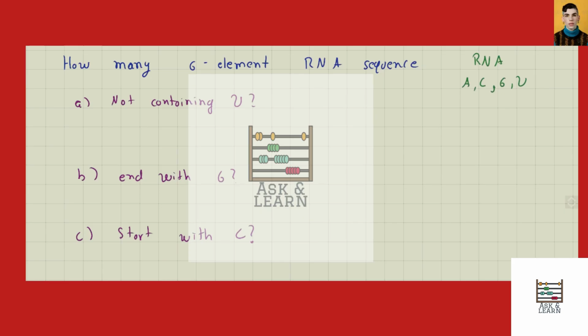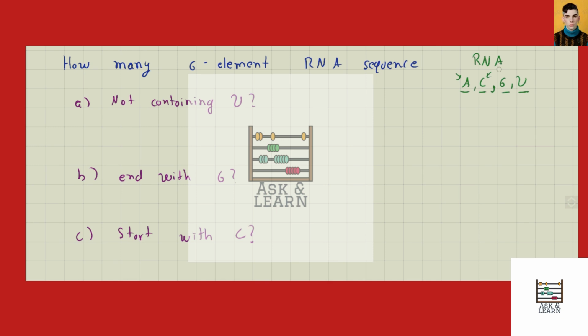Hello there. So let's suppose that we have an RNA sequence. Let's remember that RNA sequences are formed by four letters: A, C, G, and U. So adenine, cytosine, guanine, and uracil.